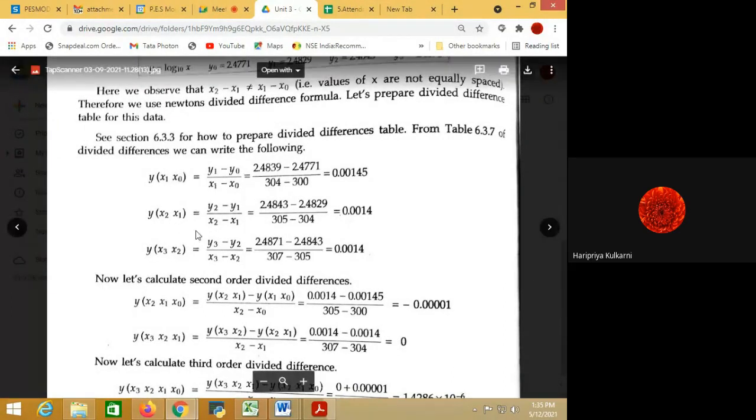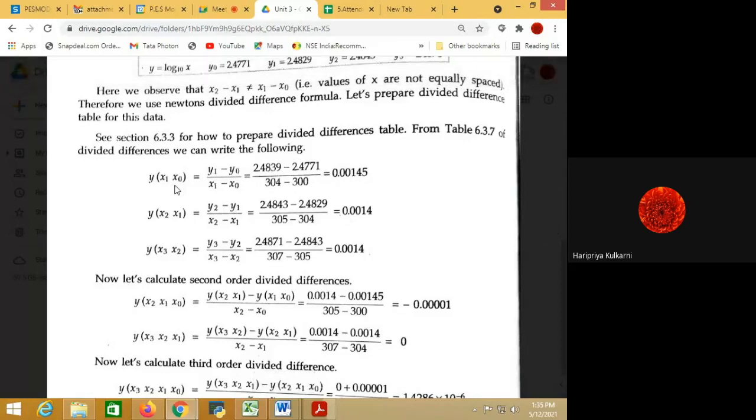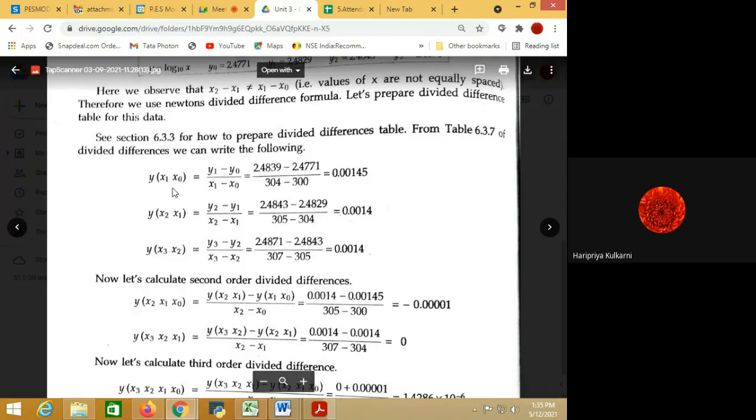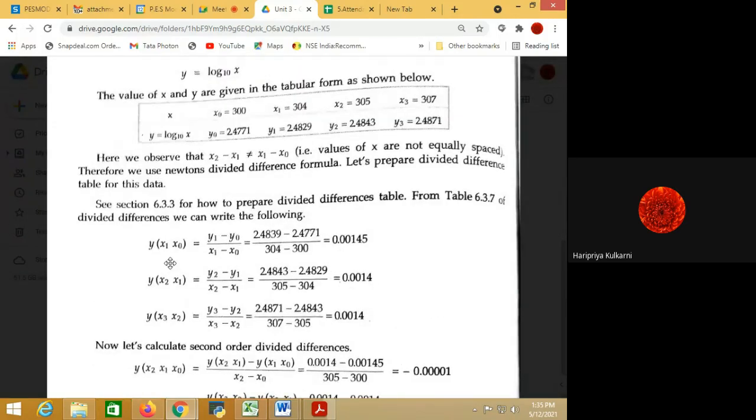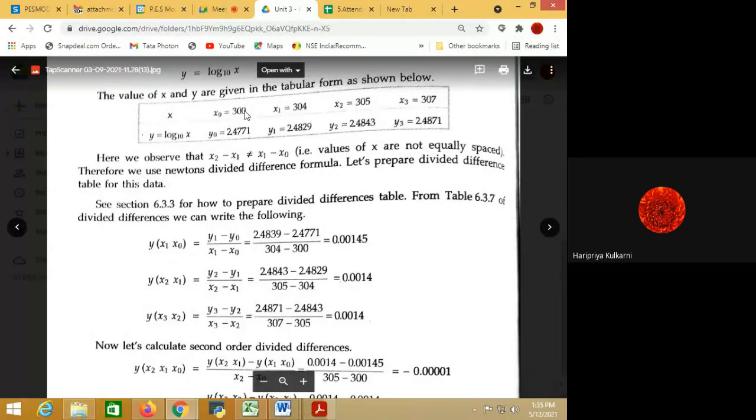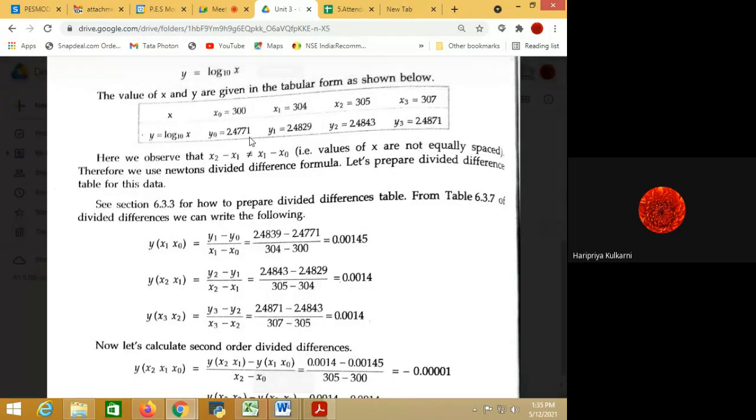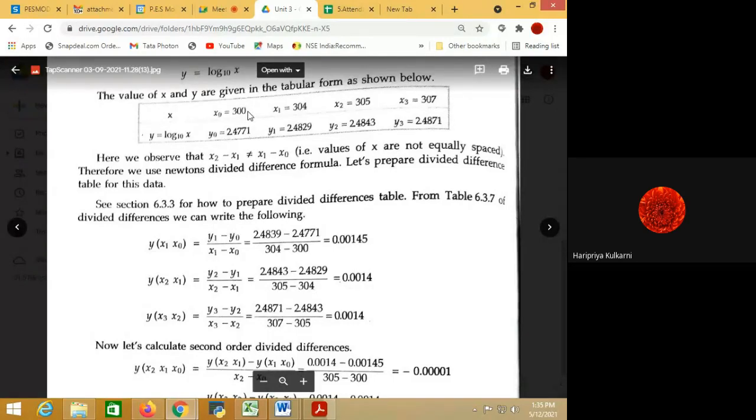For forming the difference table, we need to calculate these y terms with two variables. This is nothing but, as I told you, a slope. For example, y of x1 x0 will be y1 minus y0 upon x1 minus x0. So it is 2.4829 minus 2.4771 divided by 304 minus 300.